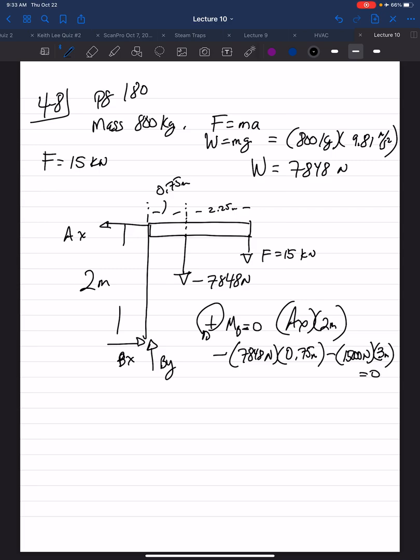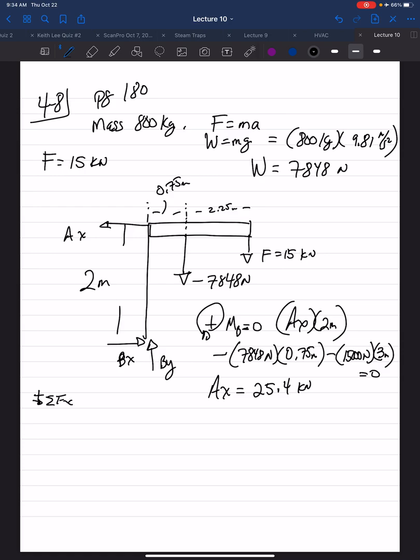Set it equal to 0 and solve for AX, which gives 25.4 kilonewtons.